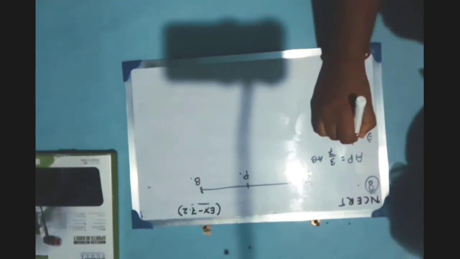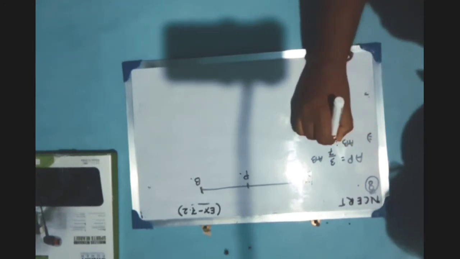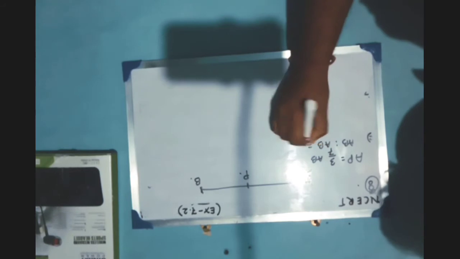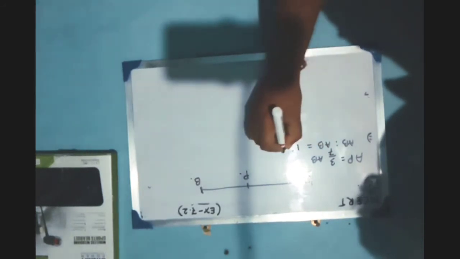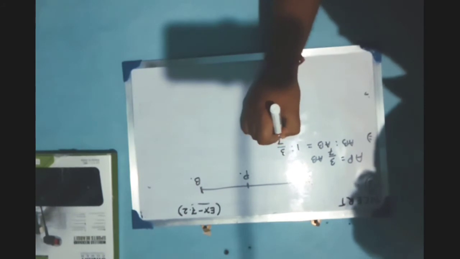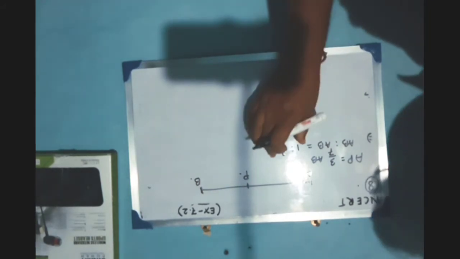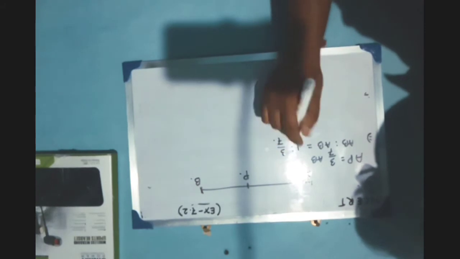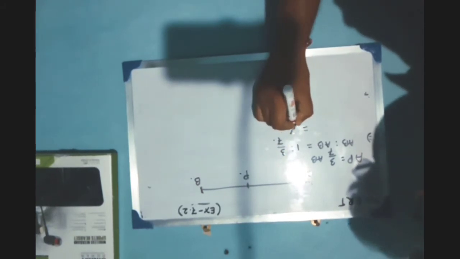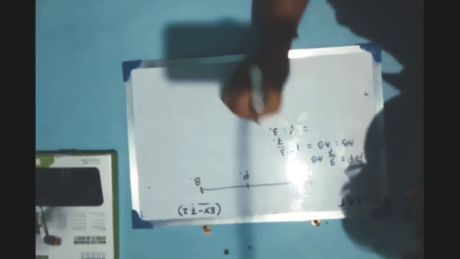That means AP is to AB equals how much? 1 is to 3 by 7. If we multiply this ratio by 7, we get 7 is to 3.